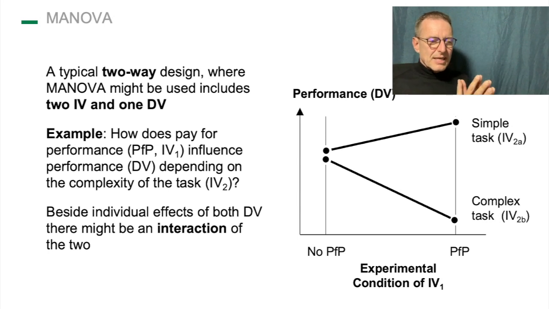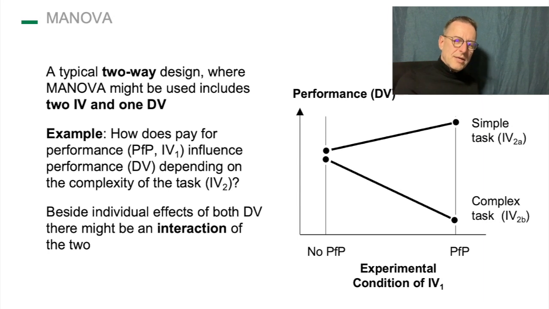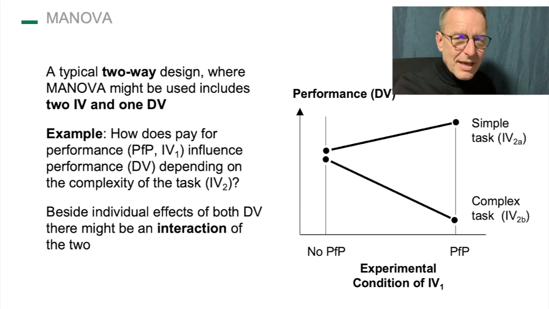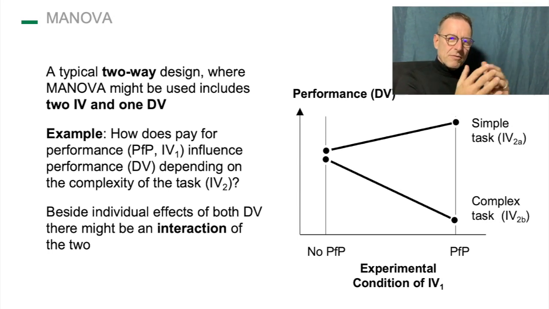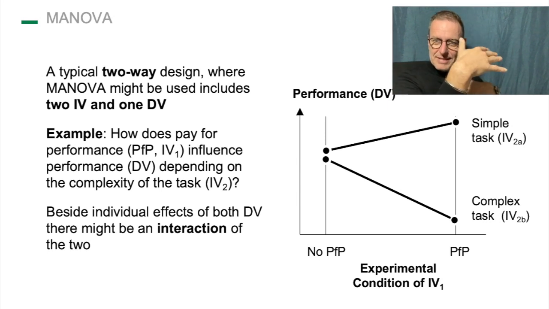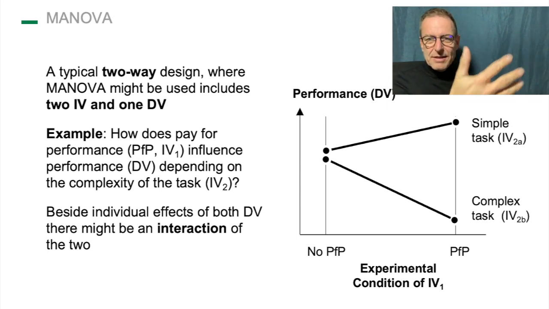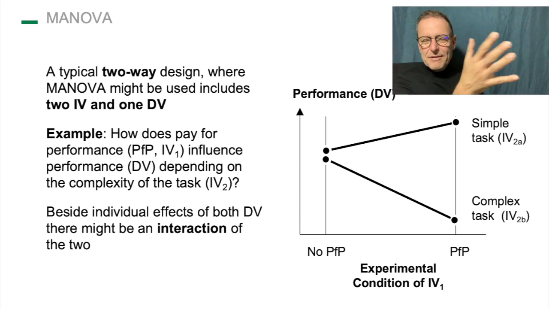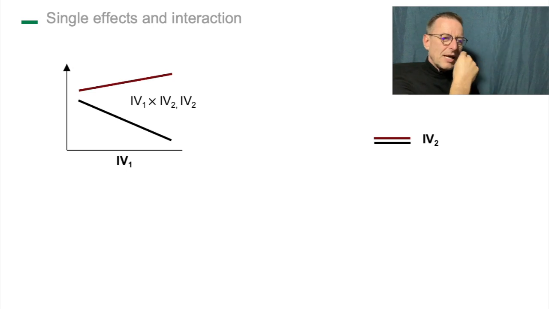Okay, and that's the interesting part of a two-way MANOVA where you have two independent variables, that you cannot only look at the individual effects of the independent variables, but also at their interactions. And what you do with a MANOVA is you very often look at visualization of your results, just like I've done here with graphs, for instance. And I have different scenarios here, different typical outcomes that you find.